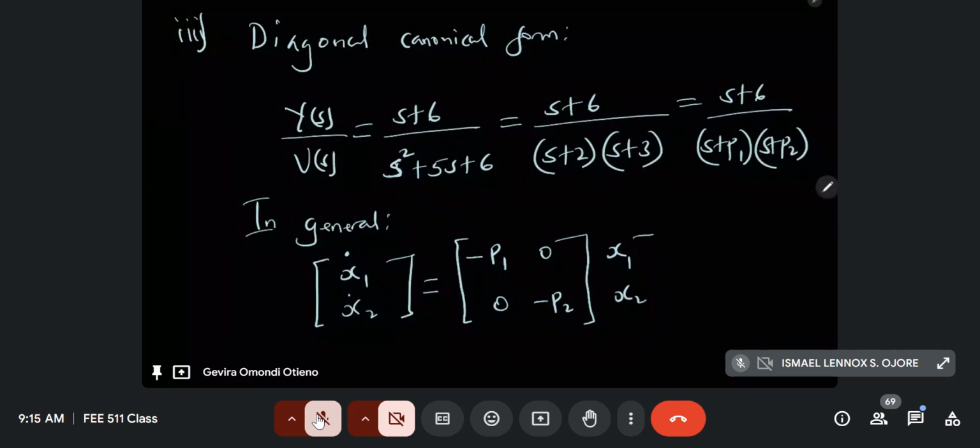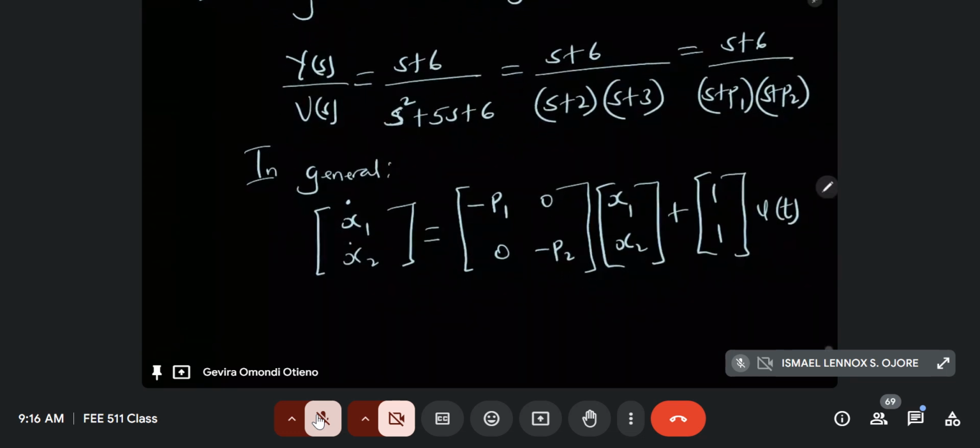Remember, this is like writing the state equation, x1, x2, plus 1, 1, ut. This is the general representation. Y should be c1, c2, x1, x2.